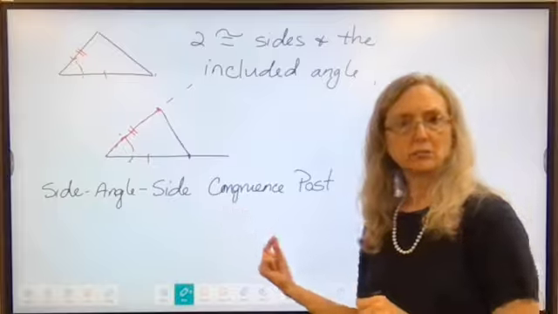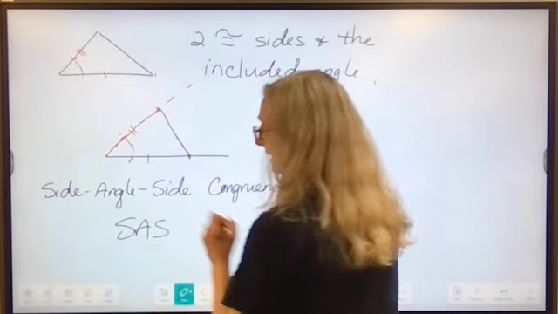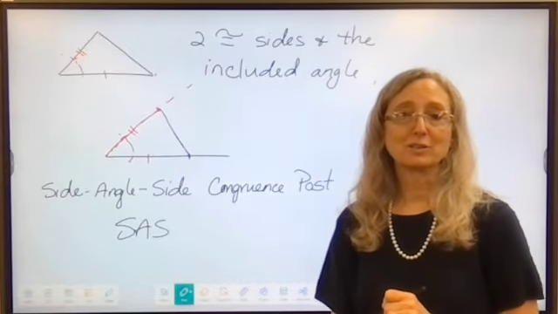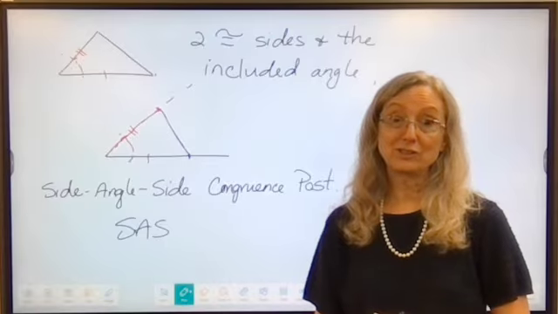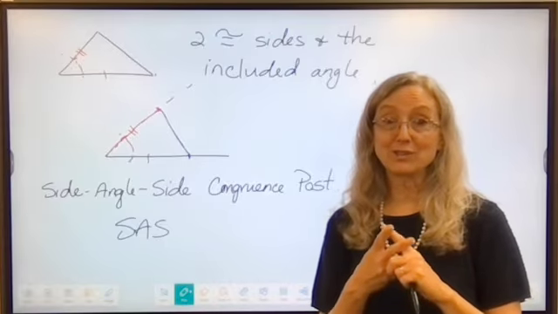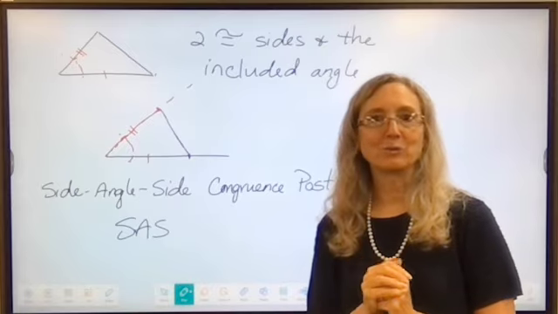That would be a lot to write in a proof, so usually it's just abbreviated SAS, which stands for side angle side. That is so much easier. Now all I need is two sides and one angle. I don't have to have all three sides and all three angles.